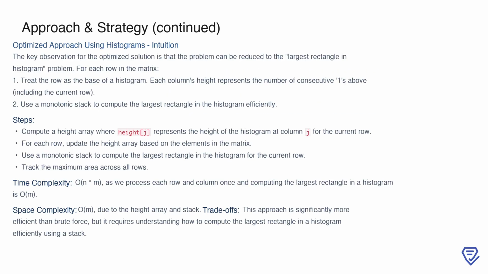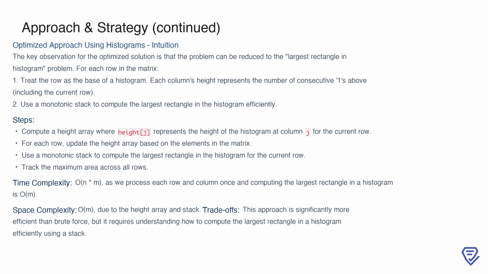A more efficient approach utilizes histograms to simplify the problem. The key insight is to interpret each row of the matrix as the base of a histogram, where each column represents the height of consecutive ones above it, including the current row. To determine the largest rectangle in such a histogram, we use a monotonic stack, a powerful tool for efficiently calculating areas. The process involves building a height array for each row, where each element corresponds to the height of the histogram at that column.